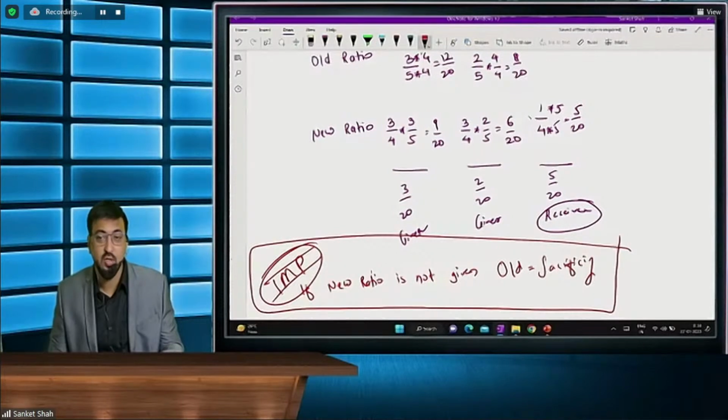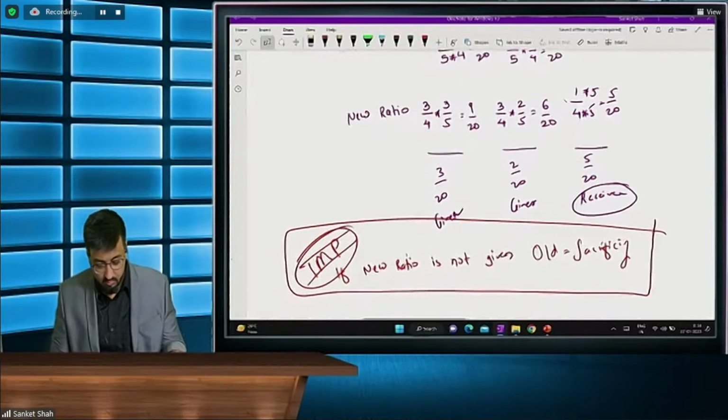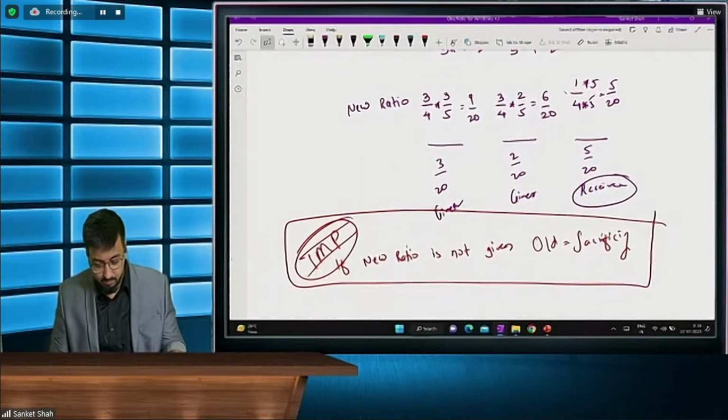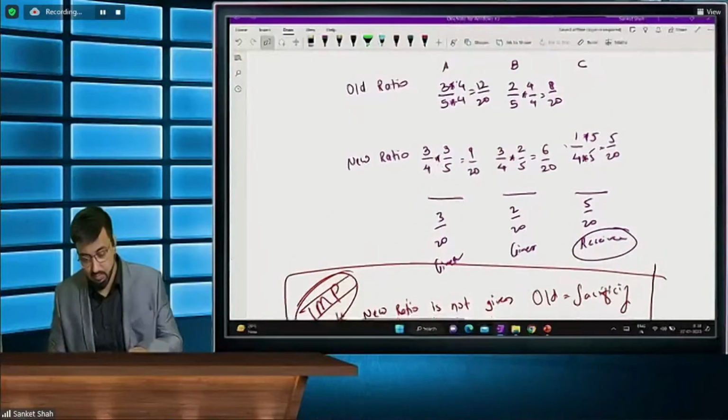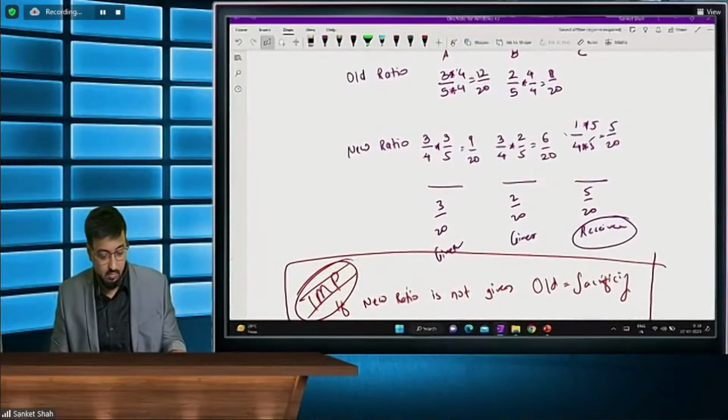If new ratio is not given, then old is equal to sacrificing. Very good.